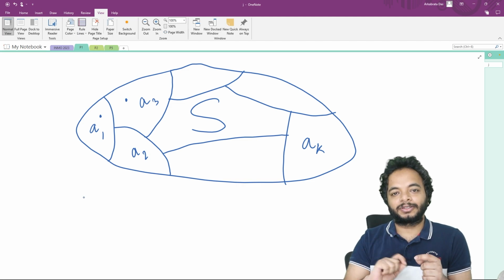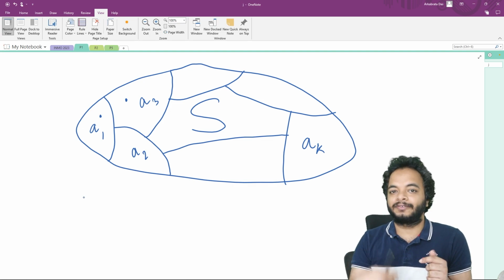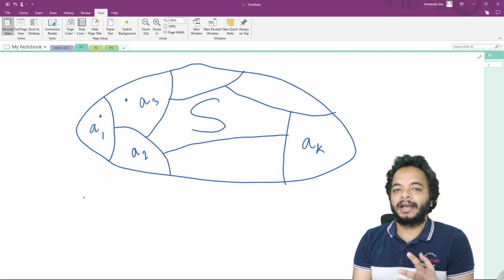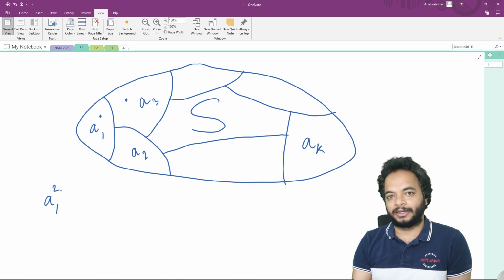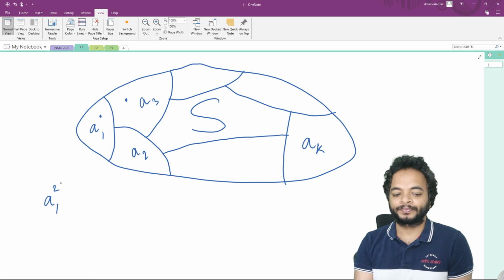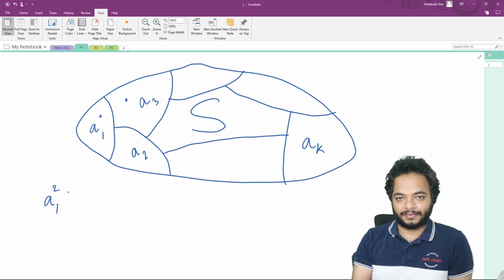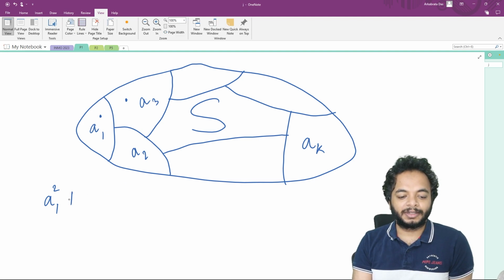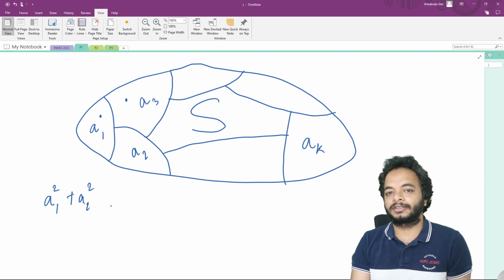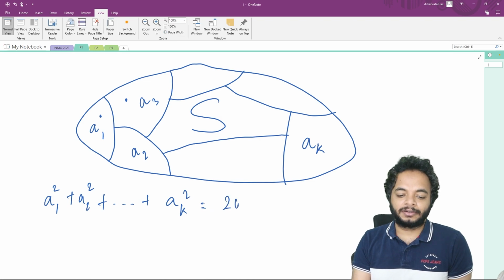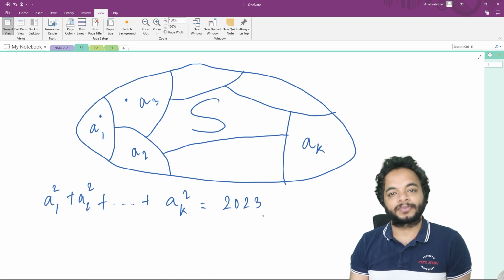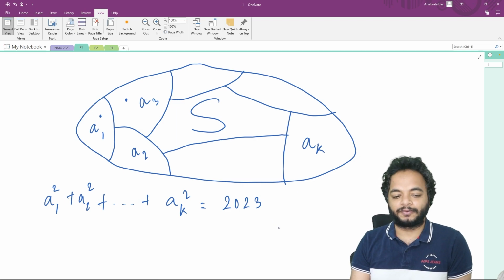Every element gets multiplied with every other element, and even with itself, forming A1 squared perfect squares, because they are all related, even to themselves. Similarly A2 squared perfect squares come from the second equivalence class, and so on, up to Ak squared. And we know the total number of perfect squares formed is 2023.